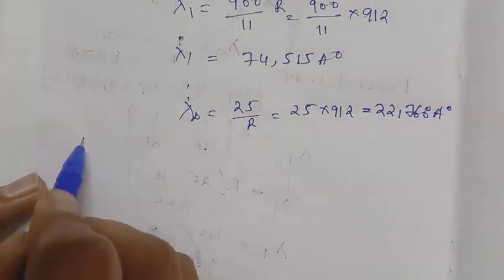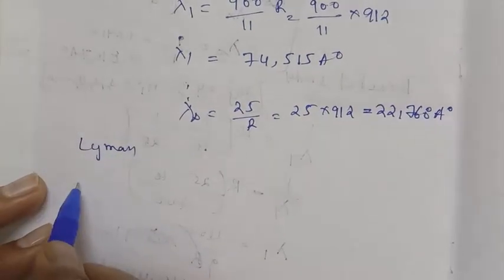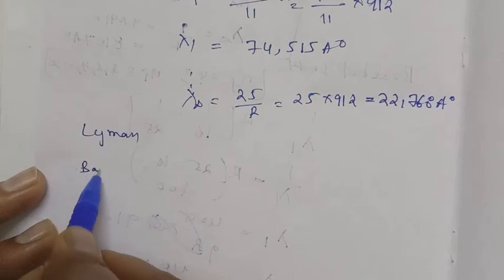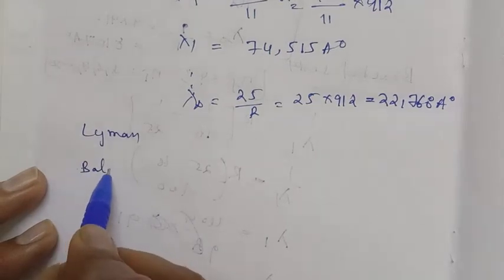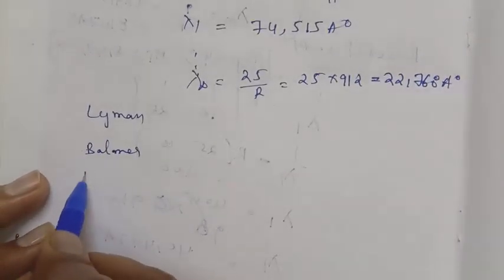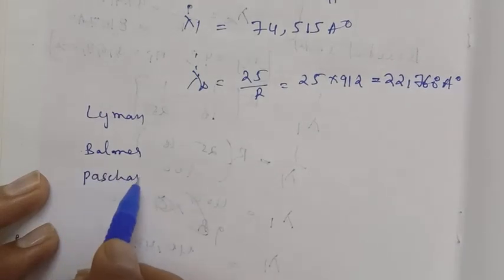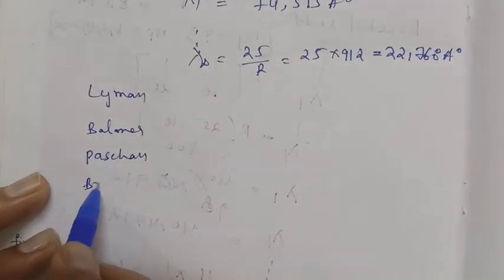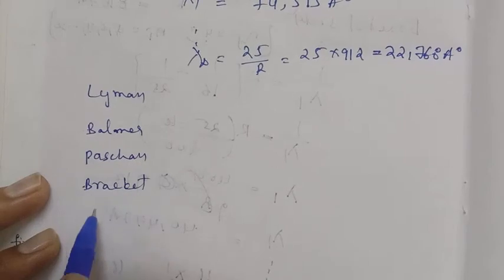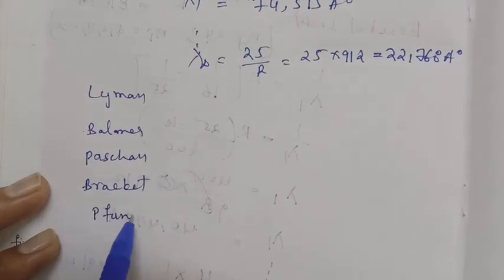So here the Lyman series, next the Balmer series, and next one is the Paschen series, and next one is the Brackett series, and next one is the Pfund series.